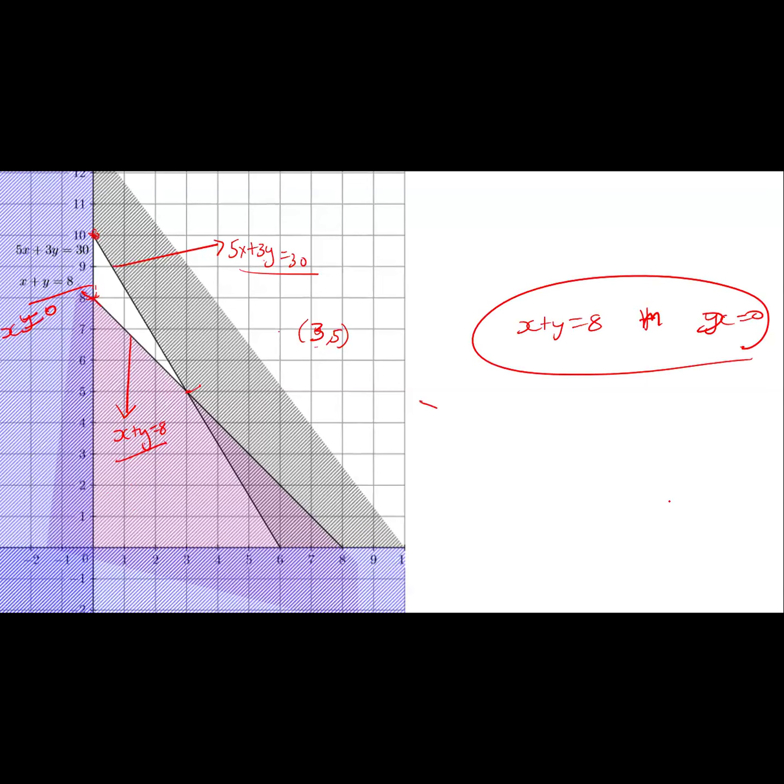Even in those cases where you have this, check out which equation is this that you have plotted and which equation is this that you have plotted. Solve them, get this point where they meet. Check out which point is that. The moment you solve and see that you are getting decimal points, ignore that point.